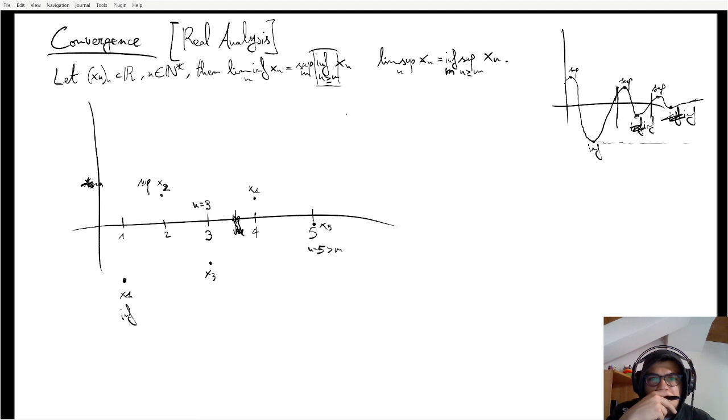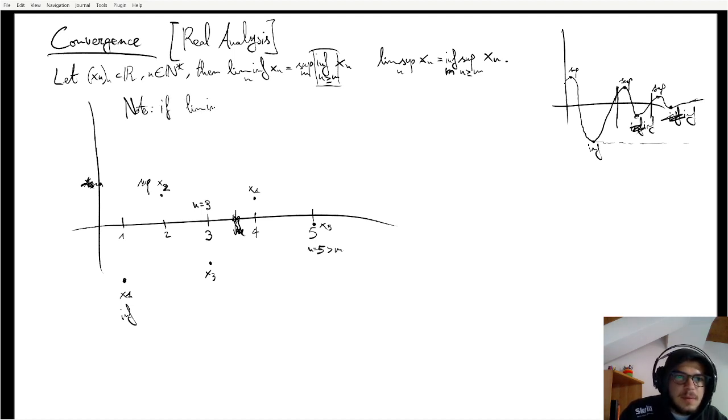I don't fully understand this. In any case, if the limit of xn is equal to the lim sup of xn, we say that the limit of xn exists.